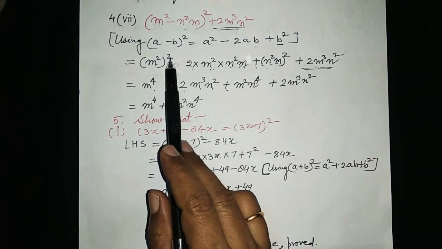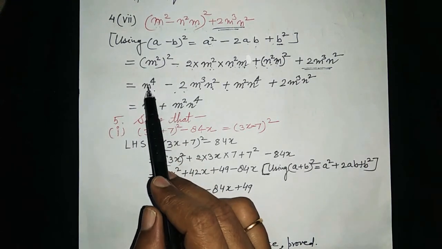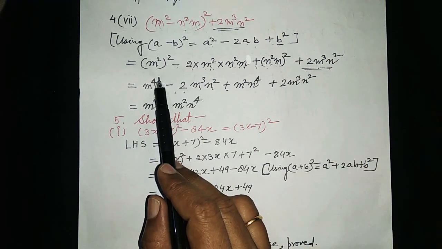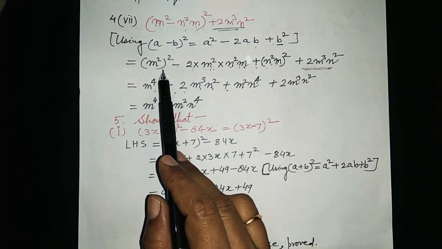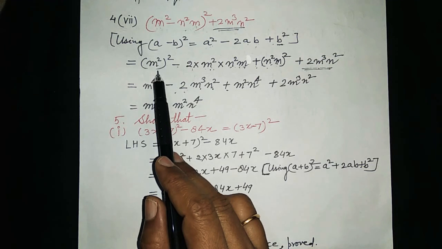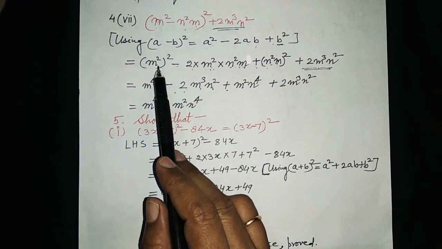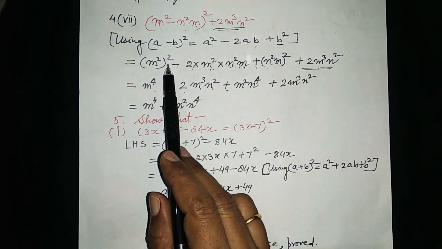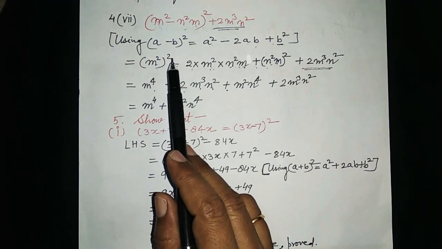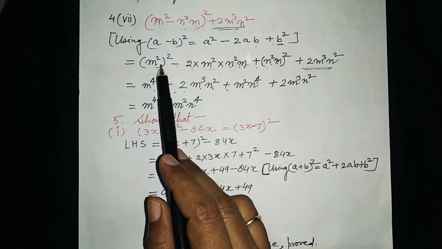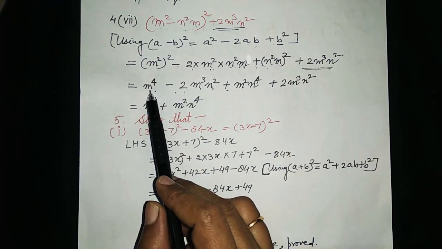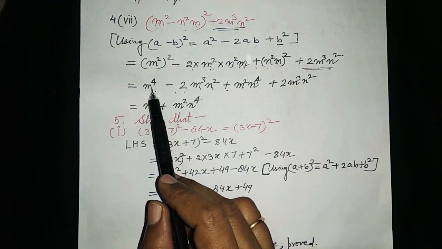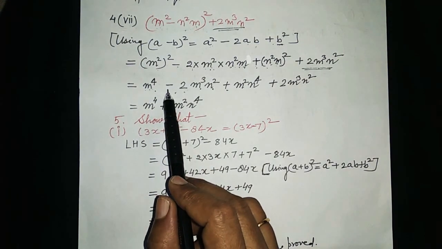(m square) whole square. So here what will come? m to the power 4. This thing you have studied in exponents and powers. You have studied one law, (a to the power m) whole to the power n is equal to a to the power m into n. That thing you have to use here, and here you will get m to the power 4. Now minus sign.